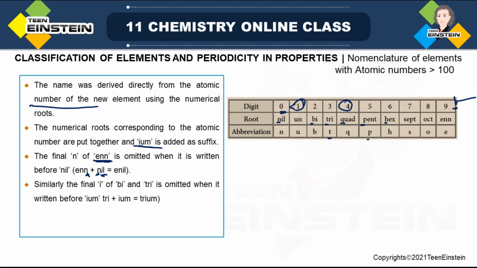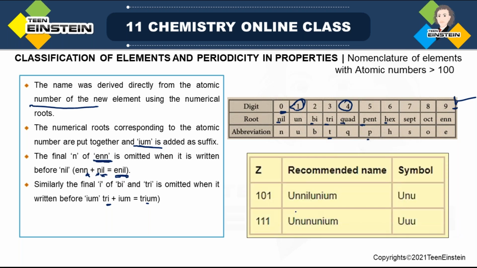So you just have to omit one n, and it will be ennil, not ennnil. Similarly, when there is bi or tri and after that you use ium, there is the letter i coming 2 times. When the same letters come 2 times, we just omit one of them, and it now becomes triam.